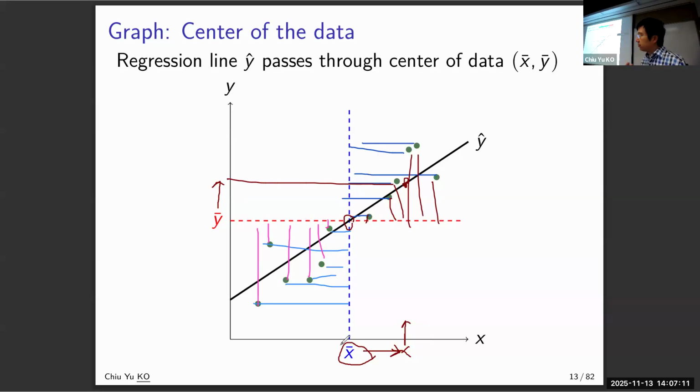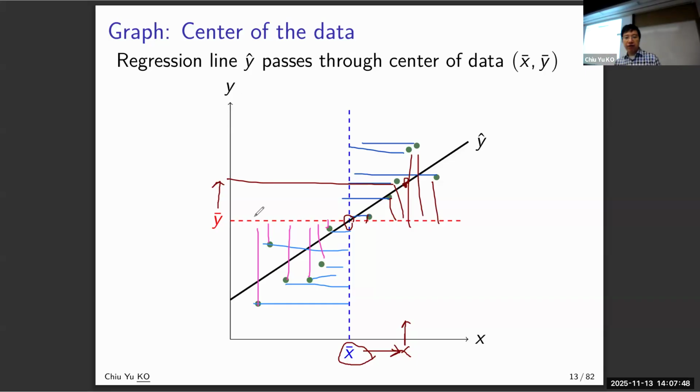Why is this important? Because you try to build a relation between x and y, and you want to use x to explain y. If I don't give you x, what is your prediction of y? Say x is your education and y is your income. If I don't tell you that guy's education background, what is your guess of his income level?